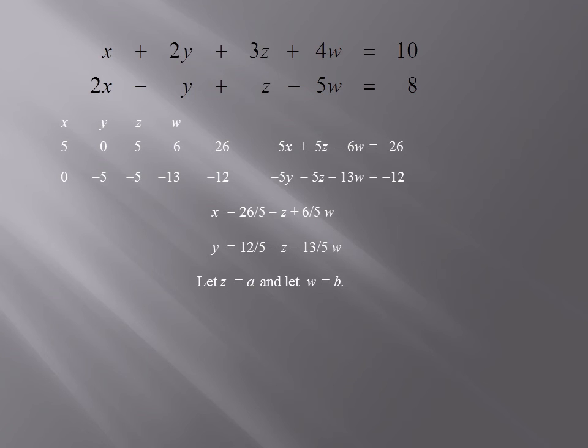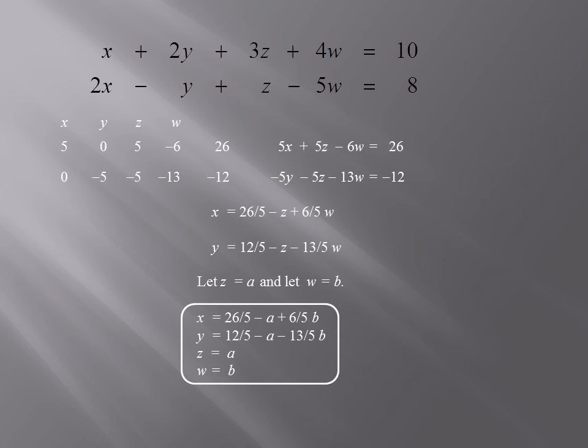Let's let z equal a and w equal b, where a and b can be any numbers. This gives x equals 26 over 5 minus a plus 6/5 b, and y equals 12/5 minus a minus 13/5 b. z is a and w is b.